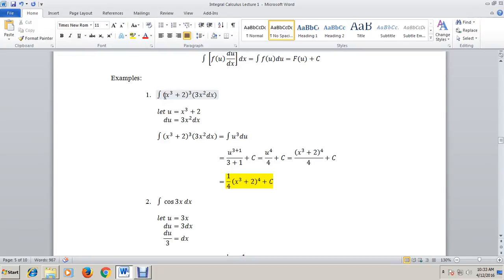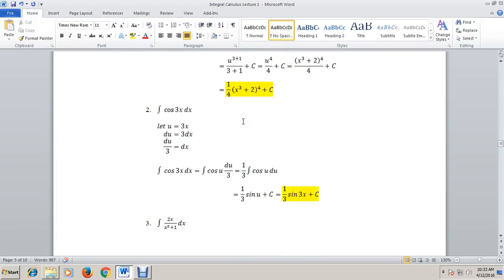In example number 1, the expression x cubed plus 3 has the higher exponent as compared to the expression 3x squared. So we choose x cubed plus 2 as our u, since this expression has the higher exponent as compared to x squared.